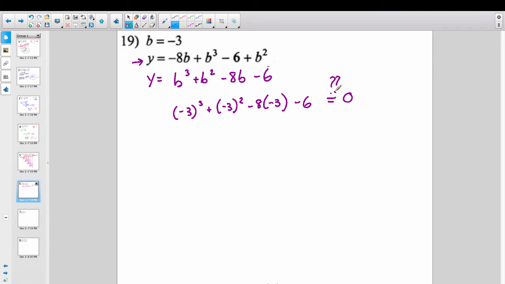If so, well then negative 3 is a root. So let's figure that out. Negative 3 cubed is negative 27. Negative 3 squared is 9. Minus negative 24, so that's actually positive 24, minus 6.